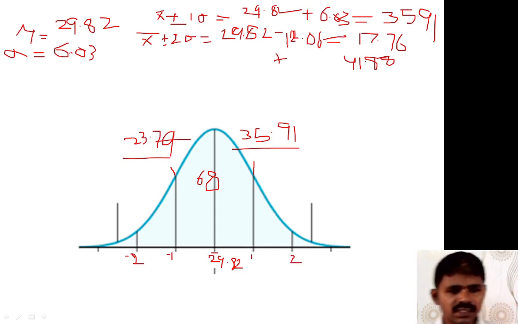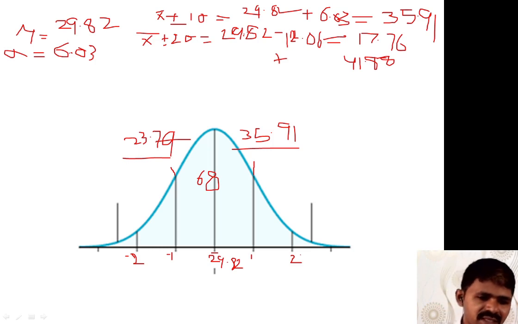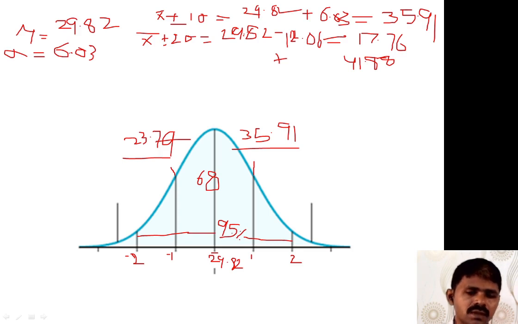So 2 standard deviations cover about 95% of the respondents, this entire range. That means 95% of students are watching TV from 17.76 hours to 41.88 hours.